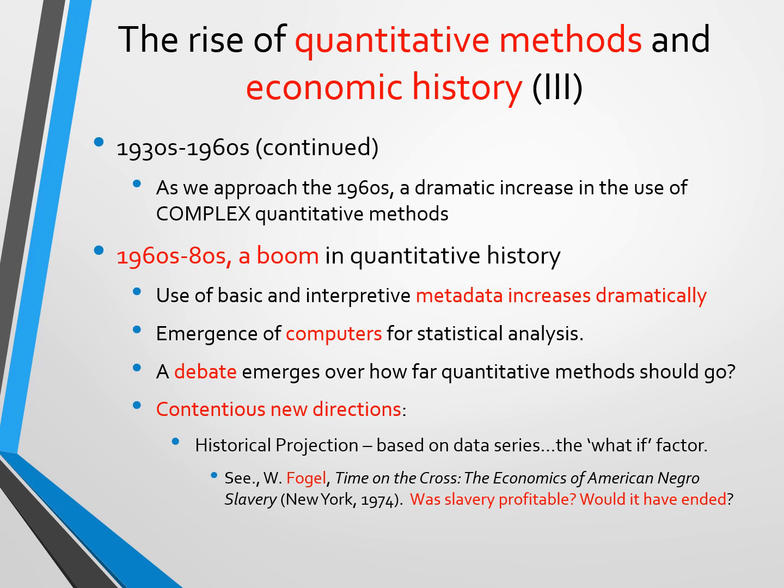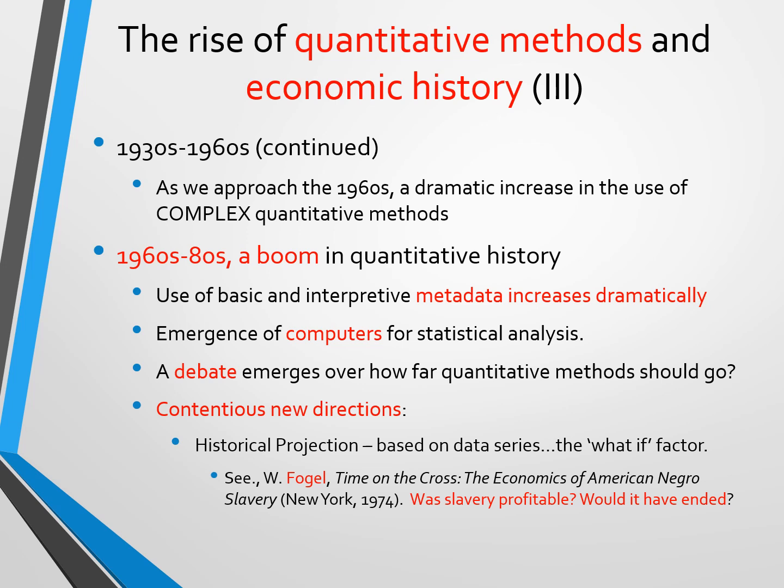Now, that kind of boom in quantitative research affects economic and quantitative history really dramatically. The use of interpretive metadata increases dramatically. So remember, interpretive metadata is where we group things together. So we look at all of the crime statistics and we say, these 3 kinds of crime we think are violent, these 3 we think are non-violent.